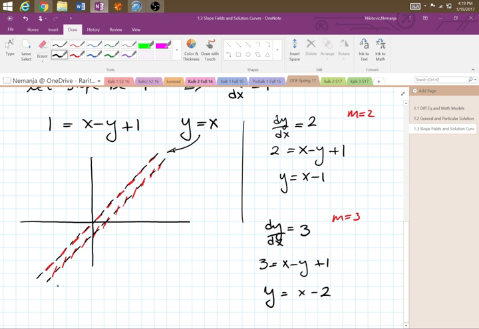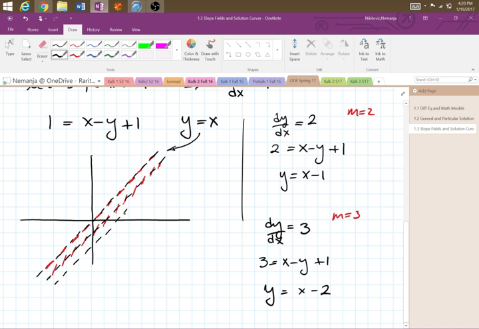So x minus 2, that's the next line down. And then m equals 3 is even more sloped, so we're going to make it a little bit steeper now. You can't do this exactly, but it gives you the idea of how the whole thing works.